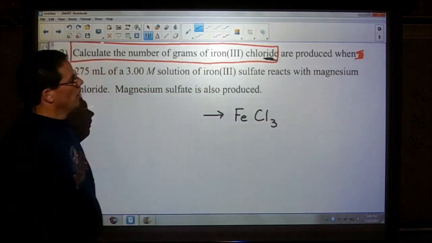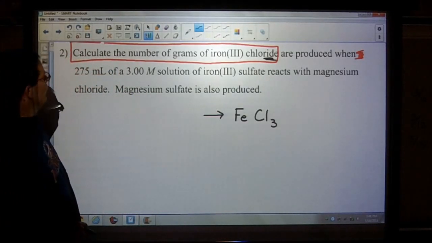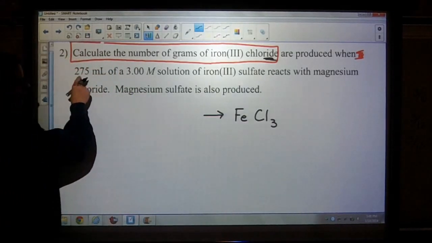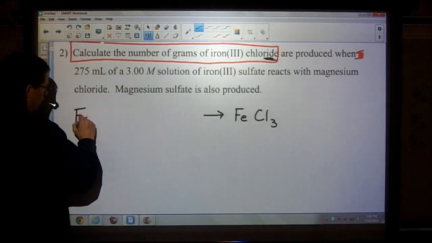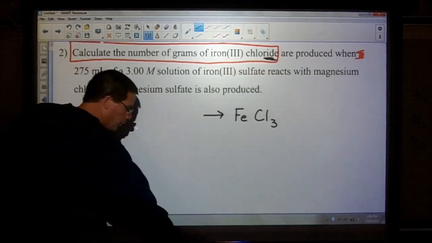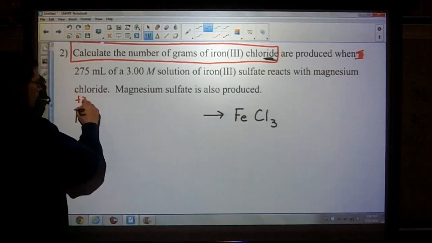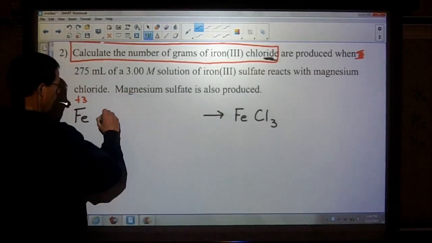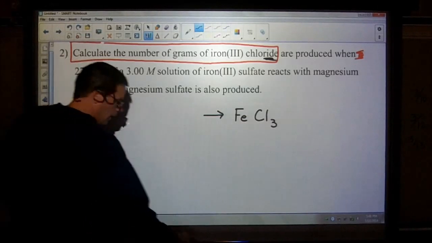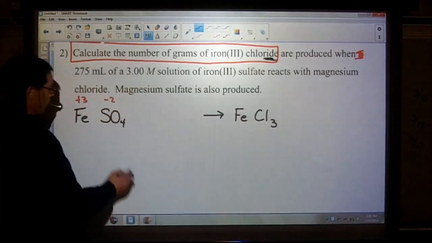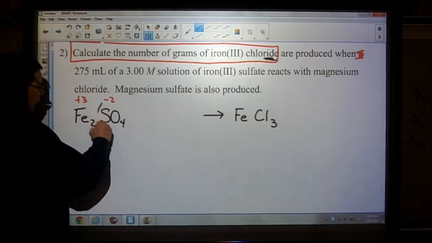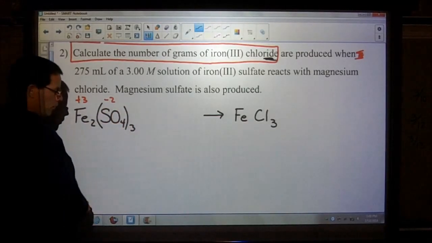And let's see here. Are produced when 275 milliliters of a 3 molar solution of iron 3 sulfate. So again, iron has that +3 charge. Sulfate, SO4, has a -2 charge. So that's not even close to being balanced. So we need 2 of those, and we need 3 of those.